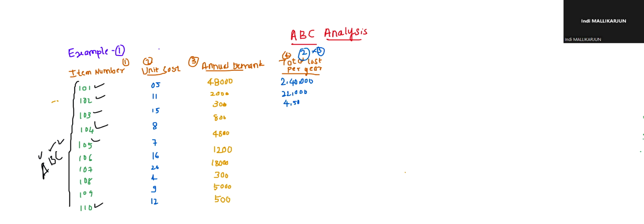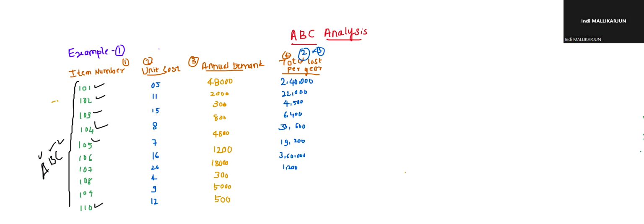4,500. Next, 6,400. Next, 33,600. Next, 19,200. 18,000 into 20, 3,60,000. Next, 300 into 4, 1,200.